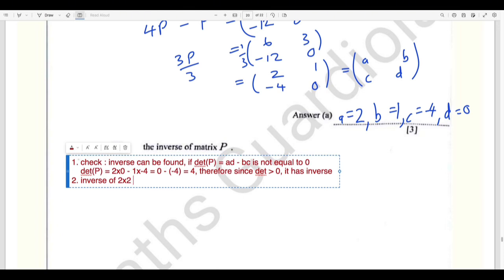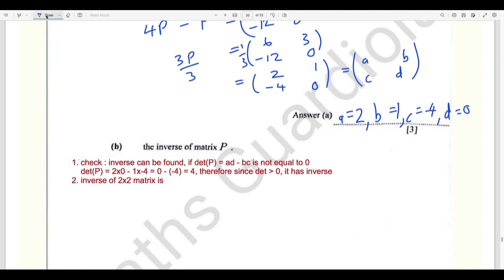How do we calculate the inverse of matrix P? We say 1 over the determinant multiplied by A and D swapped, and B and C multiplied by minus 1. So the inverse of P, written as P to the power minus 1, is equal to 1 over the determinant of P multiplied by the matrix [D, minus B; minus C, A].